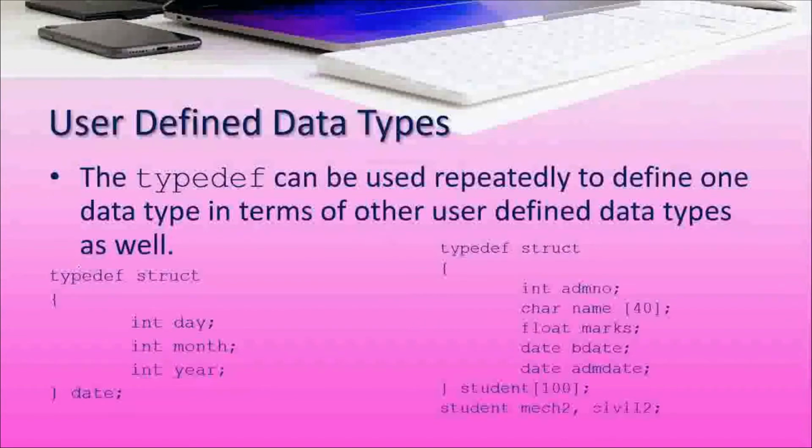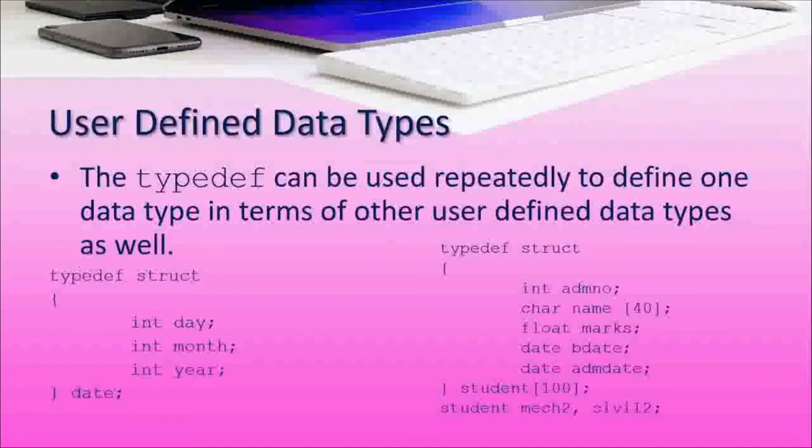So then how this can be implemented, that is, the typedef can be repeatedly used inside another data type. That is, it can be used repeatedly to define one data type in terms of other user defined data types also.